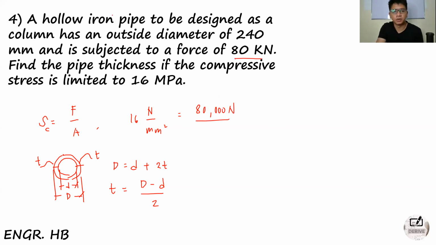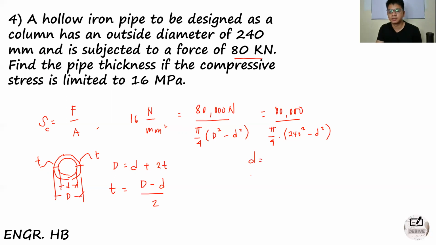since it is hollow, we all know that the area of a hollow section is pi over 4 times (D squared minus small d squared). So we have 16 equals 80,000 divided by pi over 4 times (240 squared minus d squared). We can get the small d there. The capital D is given as 240 mm, the outside diameter.